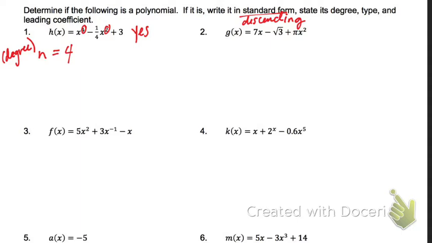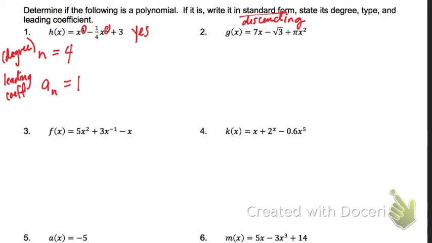And then I want to write my leading coefficient, and I'm going to write that as a sub n. So what is the coefficient in front of x to the 4th? Just 1. Because if nothing's there, I'm just going to say 1. It's whatever number is in front of the highest exponent.